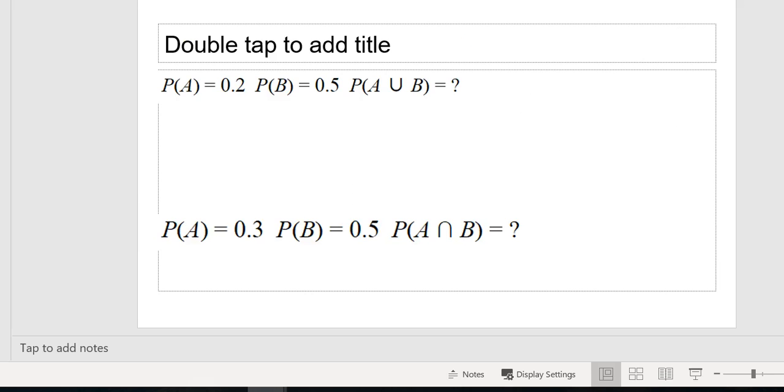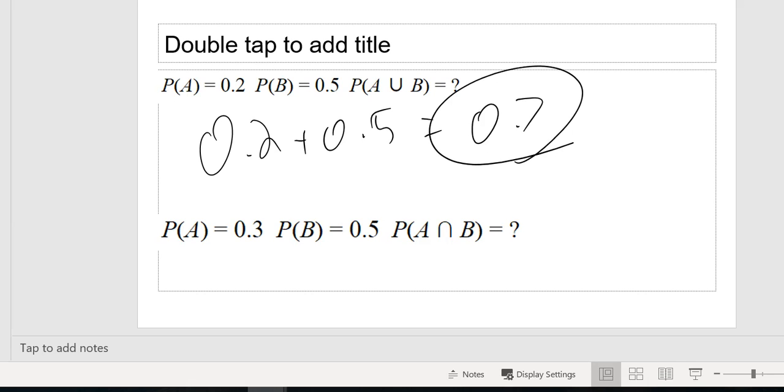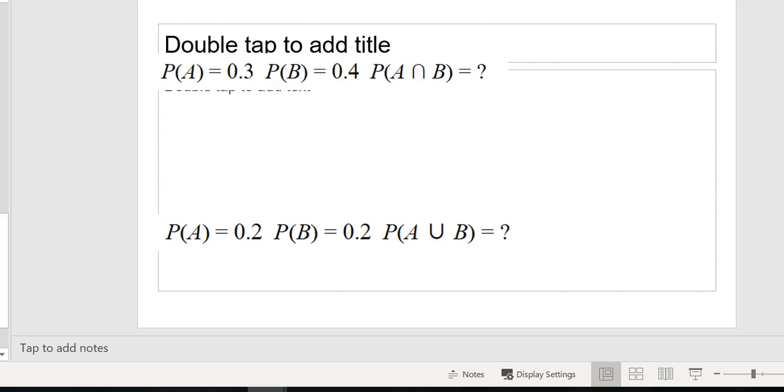So here you go. We have a union problem, which is an OR problem, which means you add it. So 0.2 plus 0.5 equals 0.7. Here we have an intersection because it looks like an N. So I'm going to take 0.3 times 0.5, which is 0.15. We have an intersect, so we multiply 0.3 times 0.4, which is 0.12.